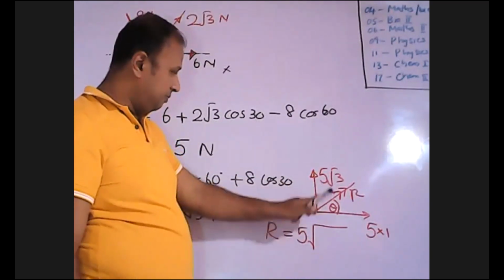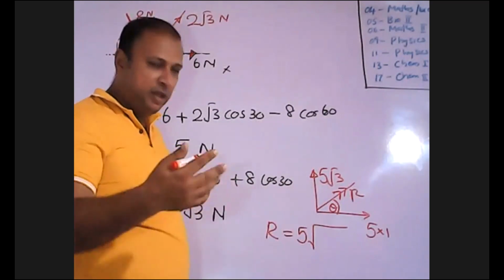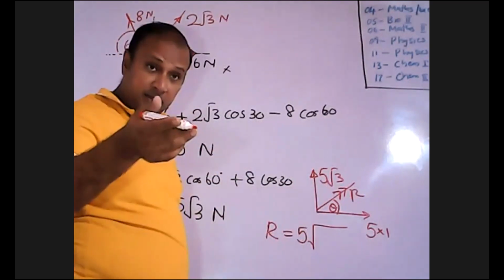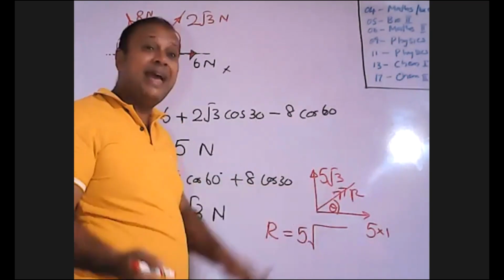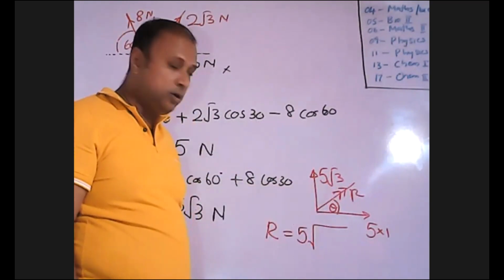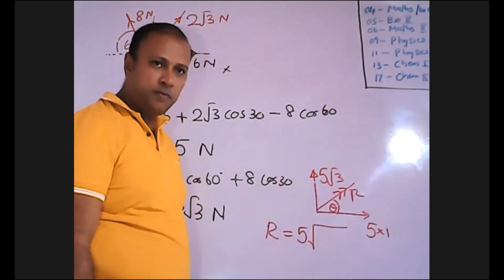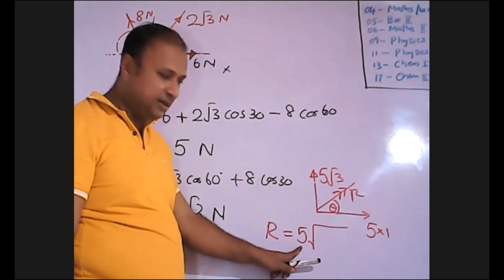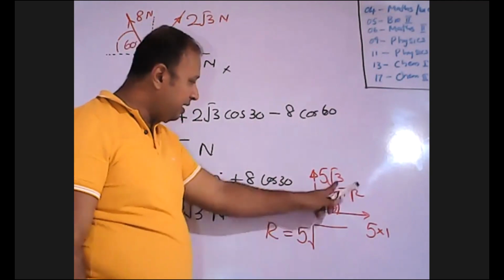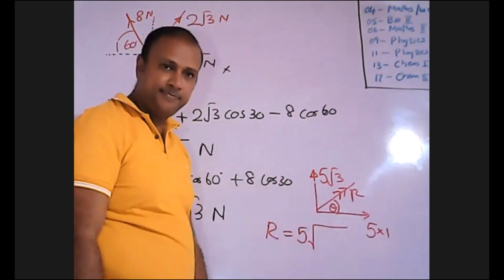If you square this value and again take the square root, you get the same value. Therefore, I can write 5 as a common factor and take the square root of the other two numbers.